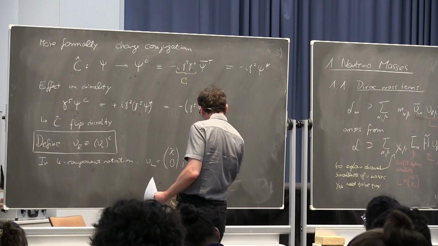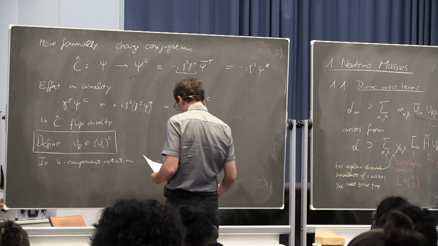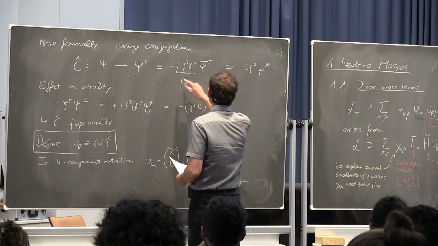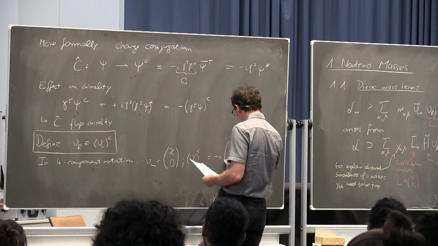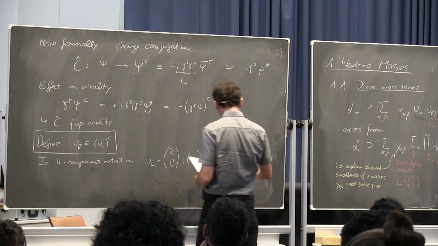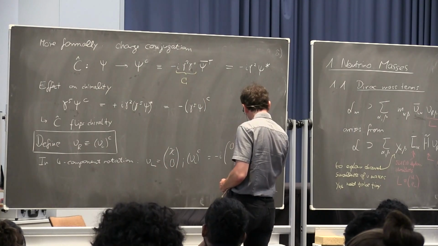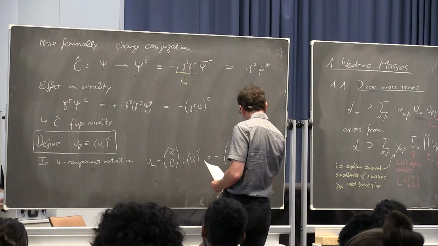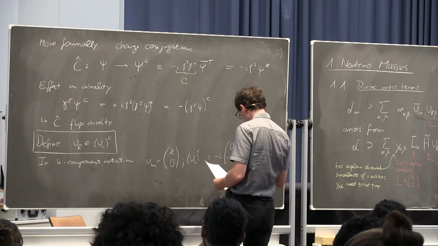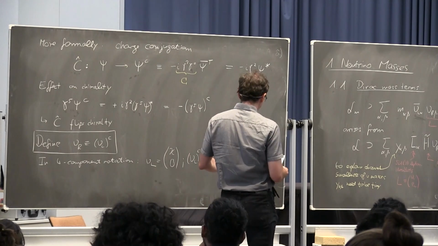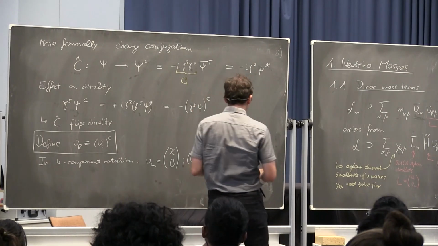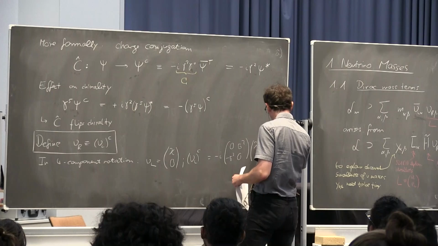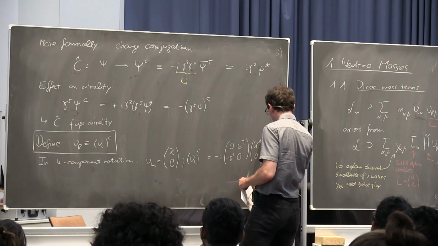Nu left charge conjugate is then minus i gamma 2. Let's write out the gamma 2 matrix explicitly, which yields 0, sigma 2, minus sigma 2, 0, times the charge conjugate of psi, so chi star, 0.